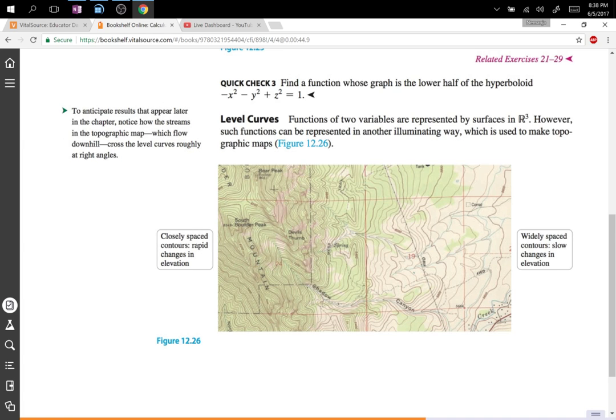Now think about this application. You're in an unknown territory, right? You have the map. You know which way to drive if you have the off-road vehicle. There's no road, right? Obviously, you can't do something like that in the desert because the wind moves things all the time, so maps are outdated quickly. But in this case, the mountain is going to stay where it is, hopefully. You know that if you want to get from this point there, you should go that way, because these lines are far apart.